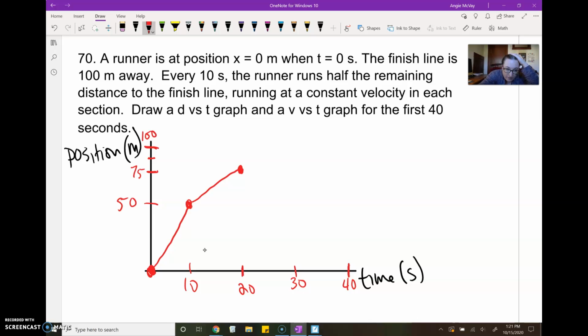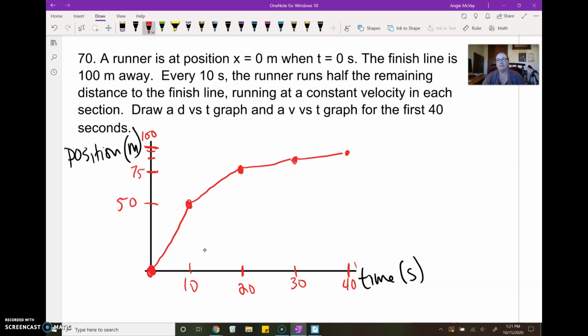Let's see here, like so-ish. Okay, and then we can do it again. And so we're reaching an asymptote here. This isn't perfect, but it gives a big idea of what position we're at at what time.